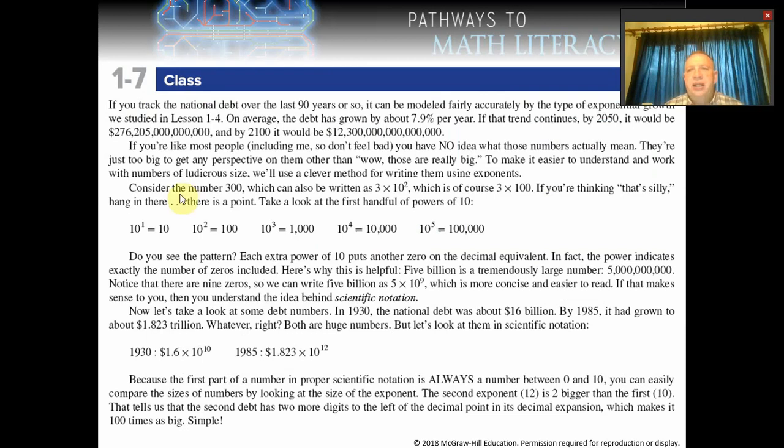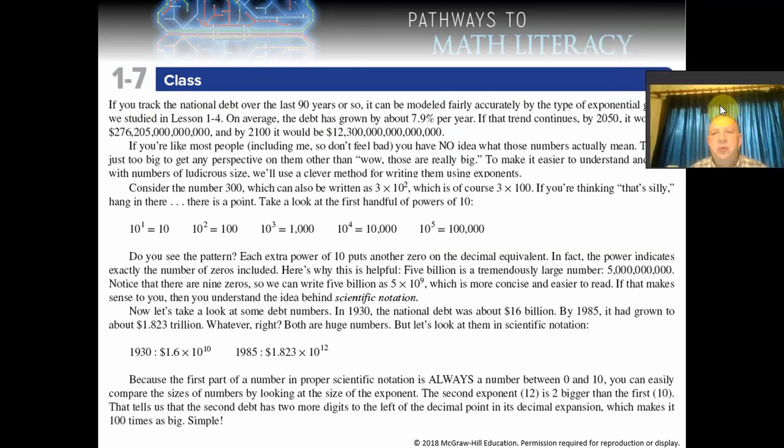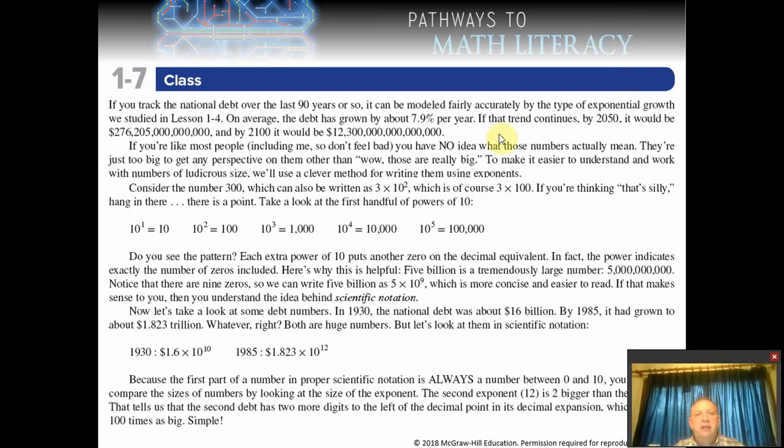If you track the national debt over the last 90 years or so, it can be modeled fairly accurately by the type of exponential growth we studied in lesson 1.4. On average, the debt has grown by about 7.9% per year. So each year we're multiplying the previous number by 1.079. Remember that decimal number: 2 places to the left, plus the 1 from the previous year.